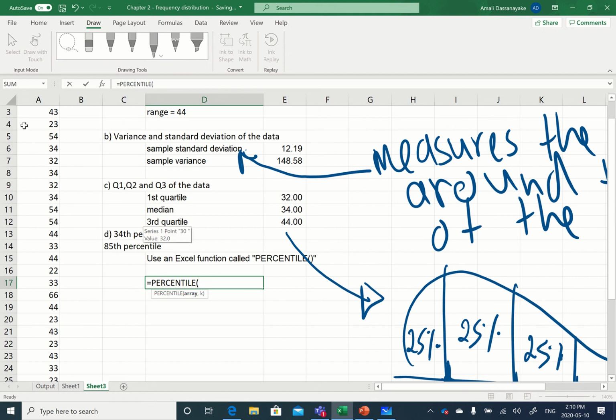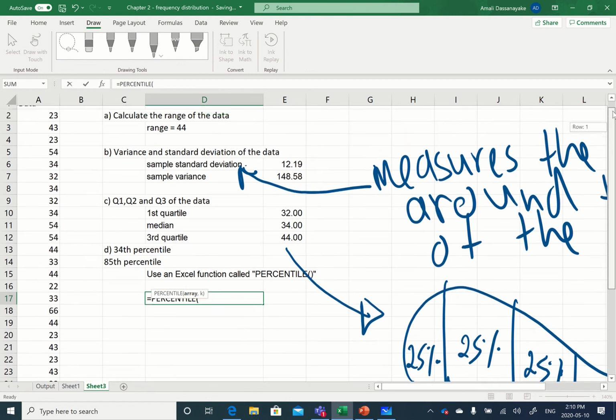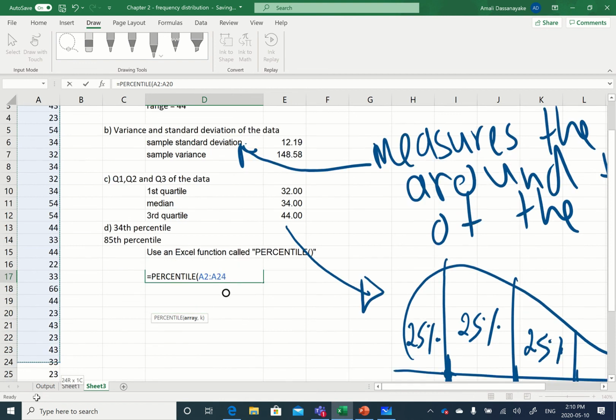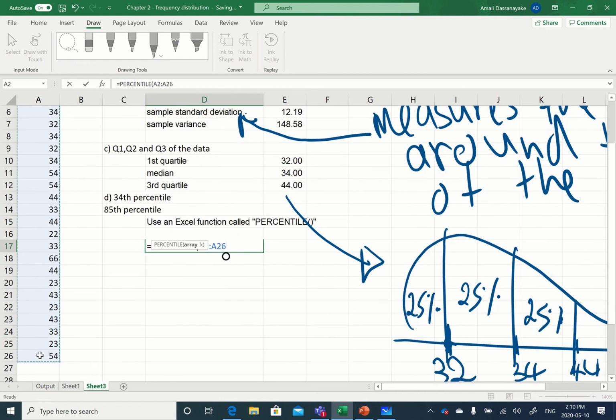And all you have to do is go back to your data set and simply select it. Then you can see the cell referencing has been copied over. My data set is from A2 to A26.